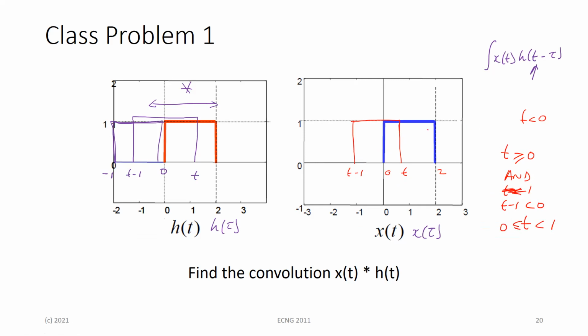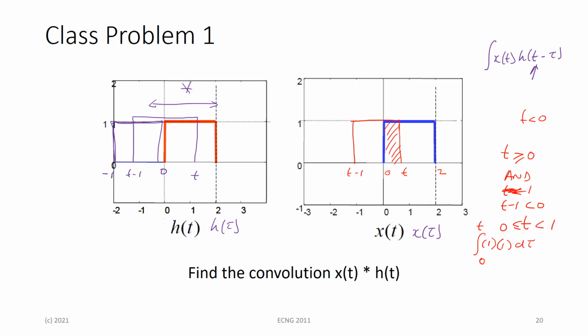And the zone of overlap, where the two of them overlap, is here. So the integral limits will be the integral between the lower limit 0, the upper limit t, x of tau, which is 1, h of tau, which is also 1, d tau. And you do that and you evaluate it.